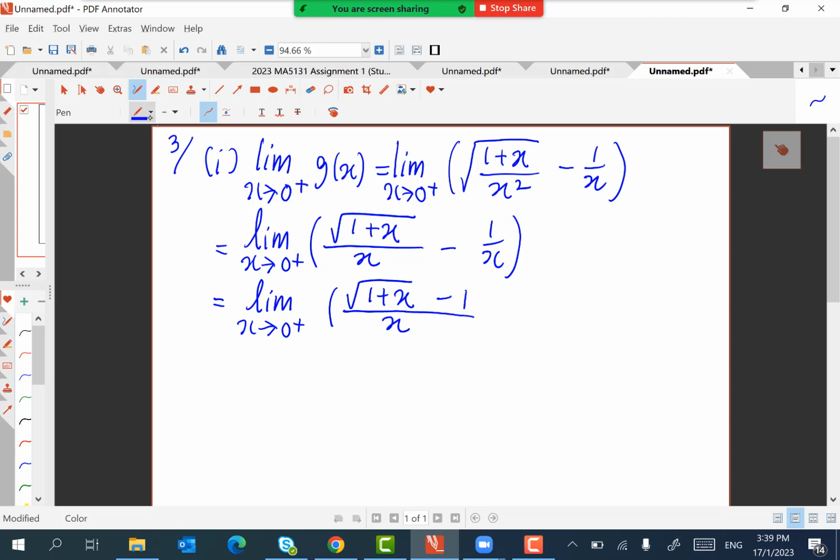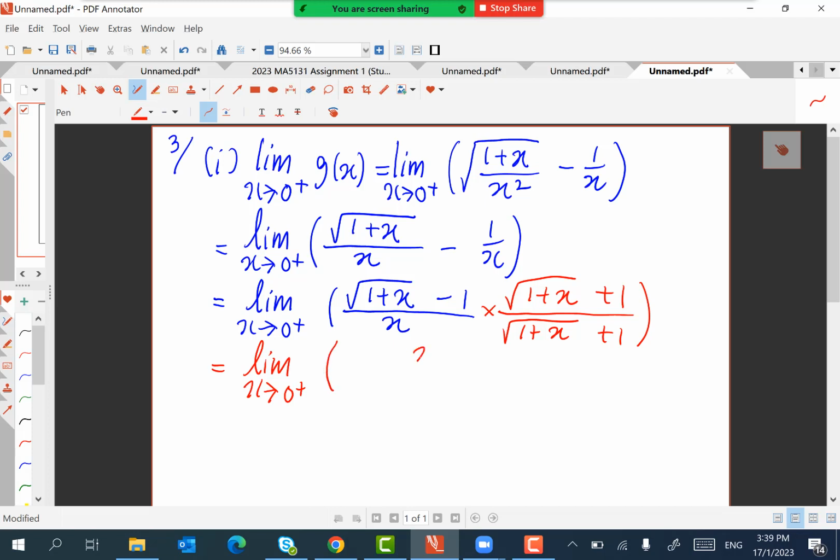Okay. Then what do you do from here? We actually multiply by the conjugate. For the numerator, after all the expansion and tidying up, you have x.